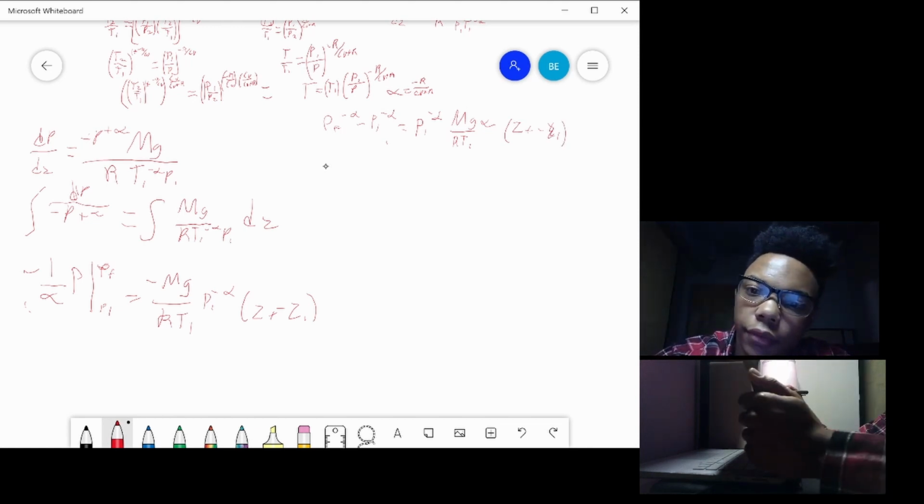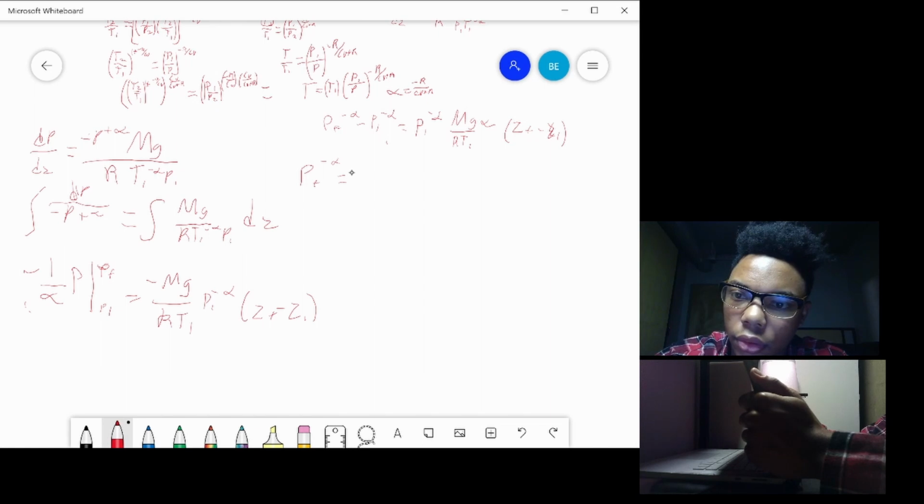So next we have our final pressure. It's going to be equal to, we'll add P1, that would be P1 times 1 plus alpha, sorry, mg, due to gravity, over RT1 times ZF minus Z1.